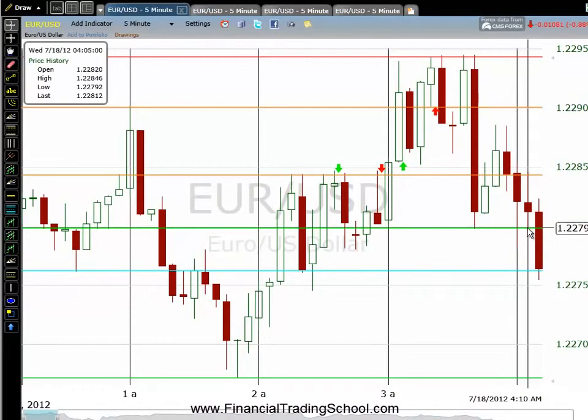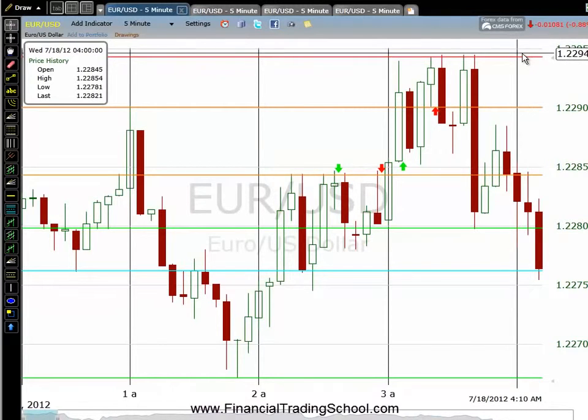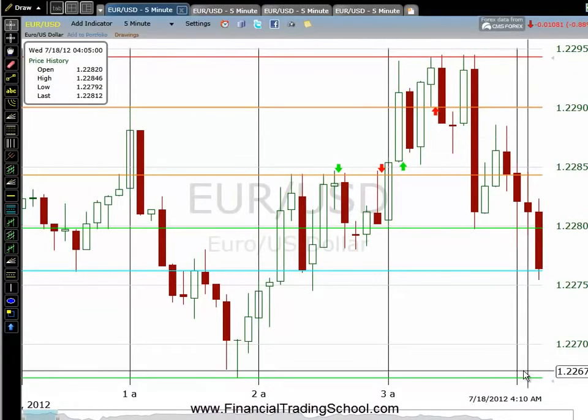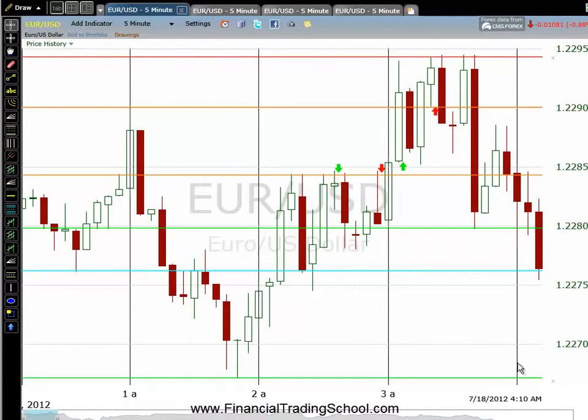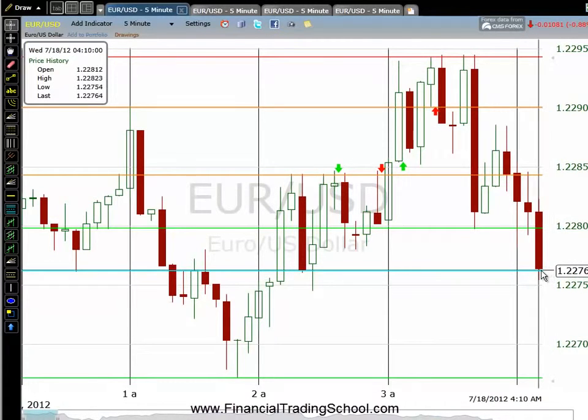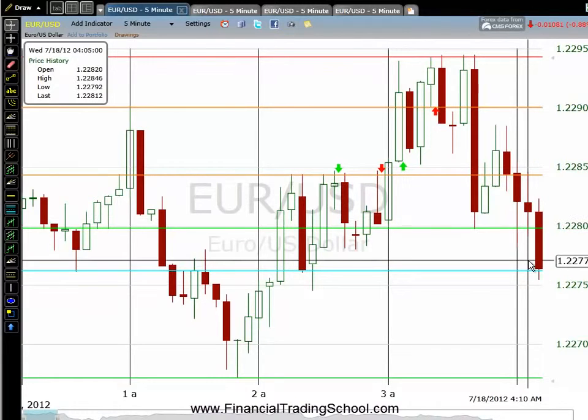From this level 78 to this level 76, it's already 4 pips. The whole range is only 67 to 95. So what is that? 28 pips. So 4 out of 28 is 1/7 of the range.